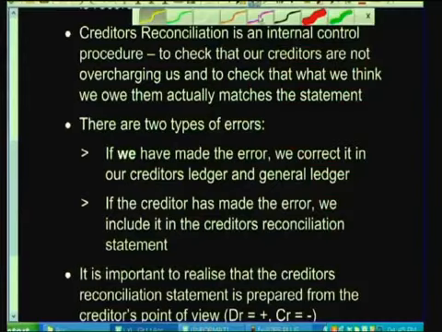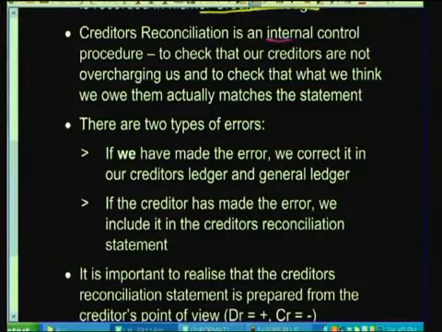Now, what we need to understand is that creditors reconciliation, just like bank reconciliation, is what we call an internal control procedure. I'm sure you've studied the section in your textbook on internal control, which explains to you that a business is going to put controls in place to make sure that bad things don't happen, to make sure that there is no fraud, to make sure that money is not stolen, to make sure that money does not go missing or disappear.